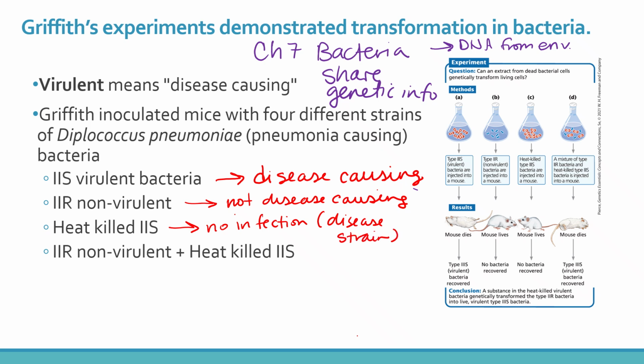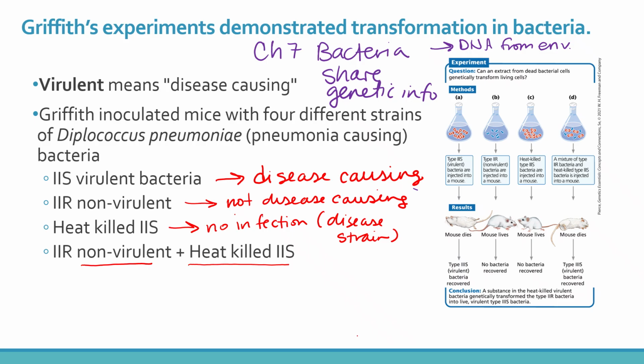Because they've been killed, he's trying to determine if the heat-killed bacteria, even though they have the information for causing virulence, whether they do or not. And then he mixed 2 strains together. He mixed the non-virulent with the heat-killed because he was really trying to figure out what component it was that was causing this virulence in these bacteria.